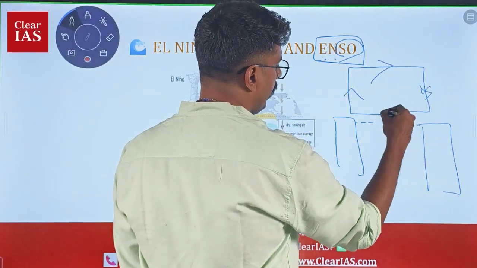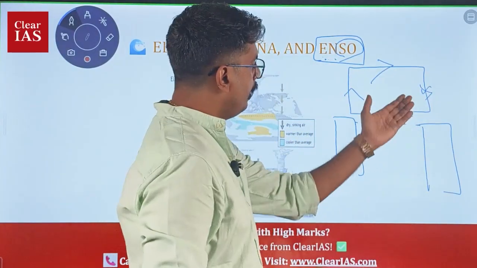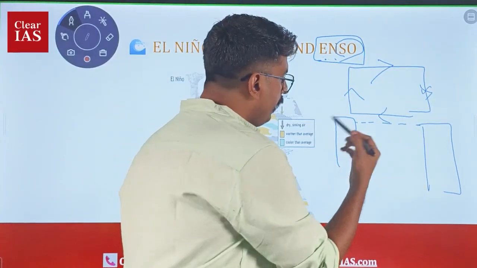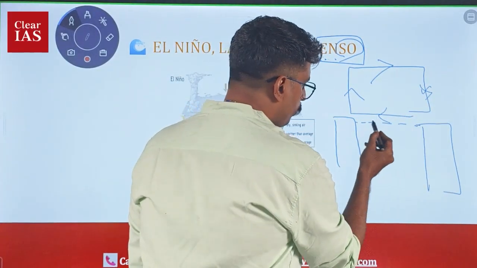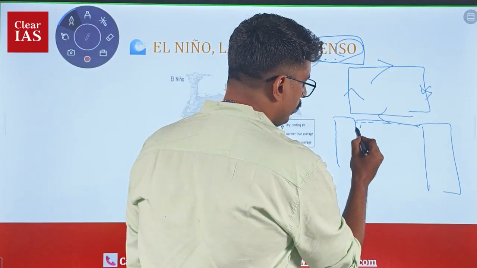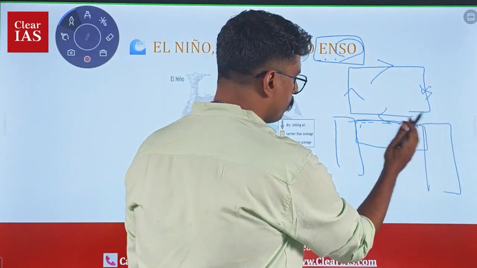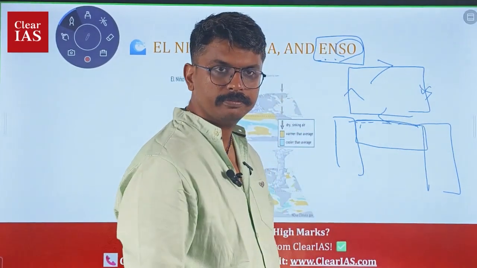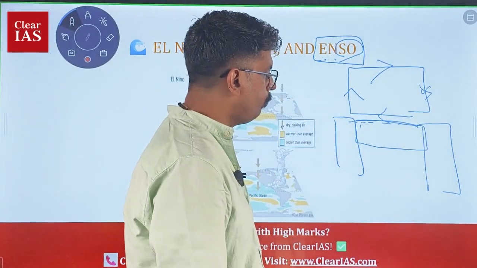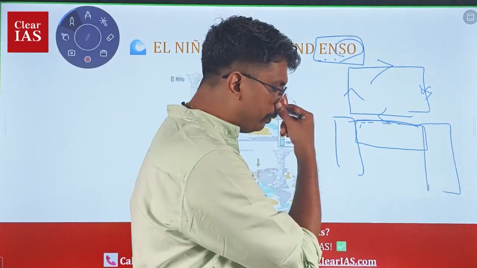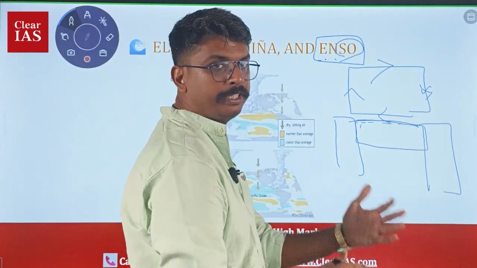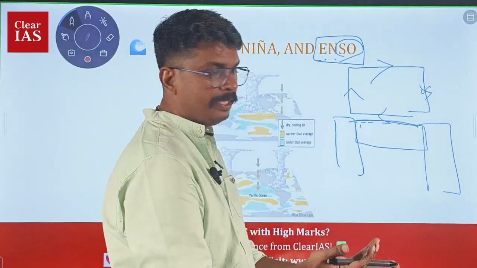The air circulation will also cause movement in the water. There is also movement in the water. When I talk about water, the first case, the normal condition, and the powerful case, La Nina, right?